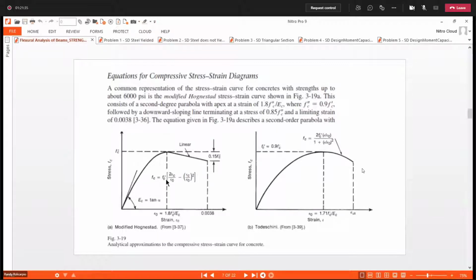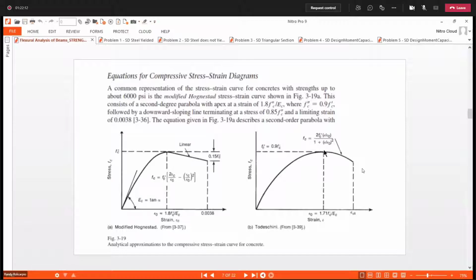So ito yung modified Hognestad. Okay? The value here is actually F double prime C. Yun yung pinaka-apex niya. And that F double prime C is equal to 0.9 F prime C. So yun yung pinaka-diagram ni Hognestad. Now, si Todeschini, throughout, it is a second order parabola. Throughout yan. And look at yung work ni Todeschini, no?